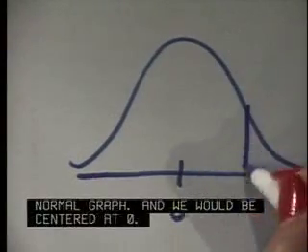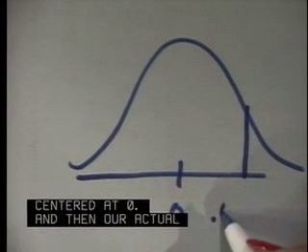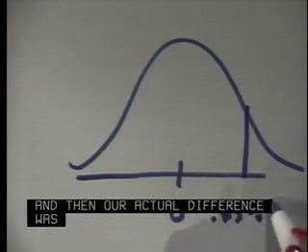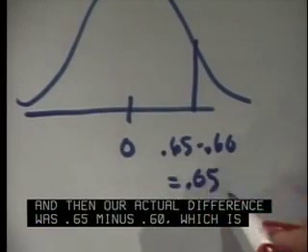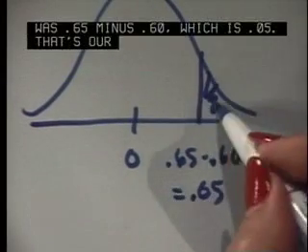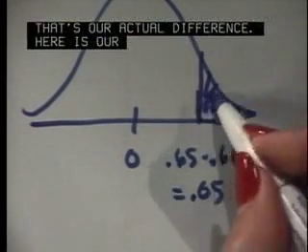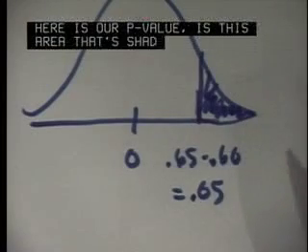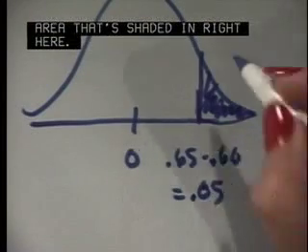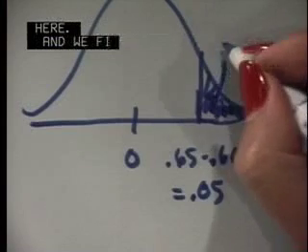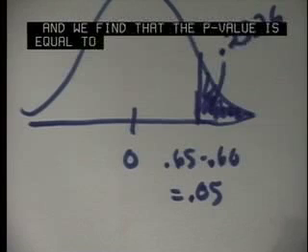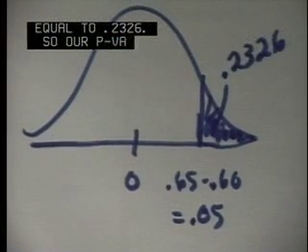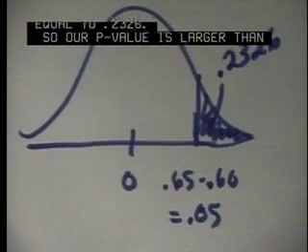And then our actual difference was 0.65 minus 0.60, which is 0.05. That's our actual difference. Here is our p-value, this area that's shaded in right here. And we find that the p-value is equal to 0.2326. So our p-value is larger than 0.05, so we need to make a decision.